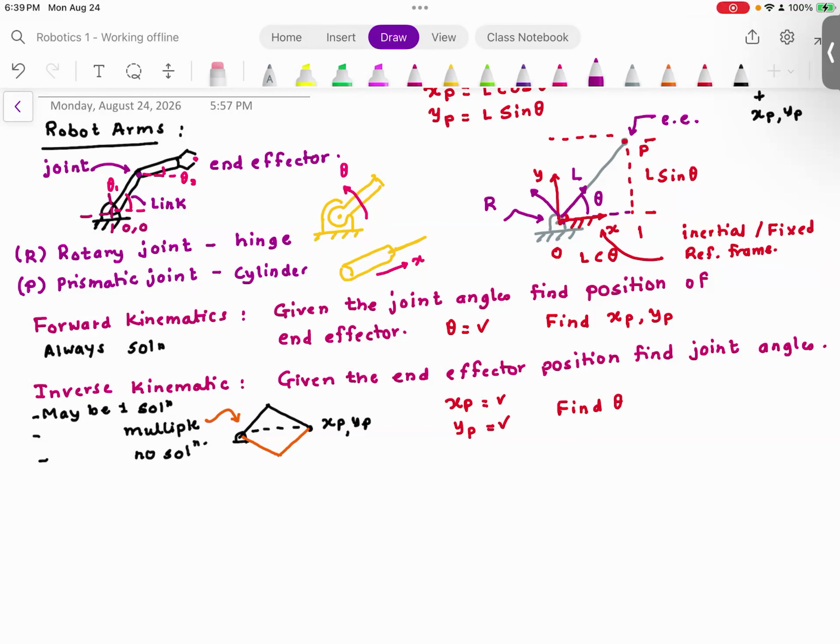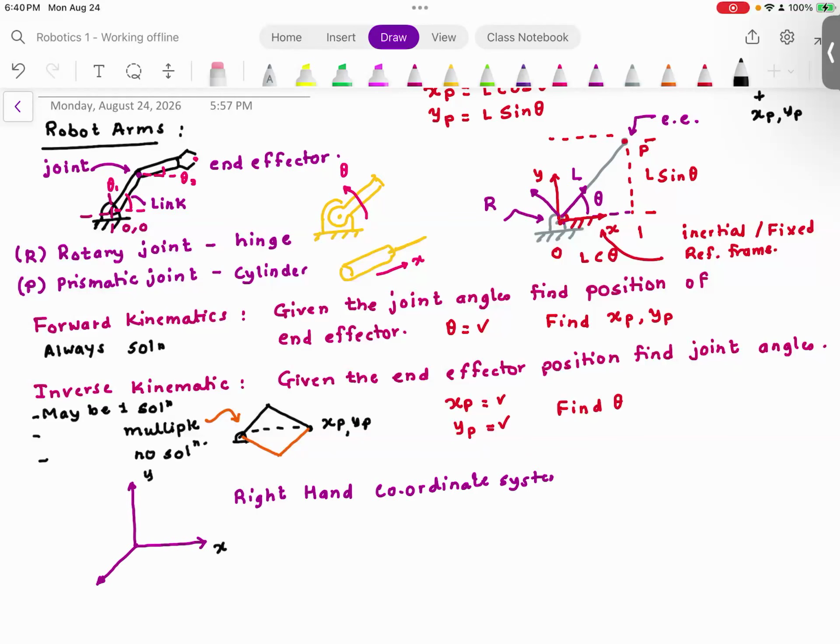And I'm going to write this down. So we are always going to use the right-hand coordinate system. And I'm going to write here, this is your positive X axis.